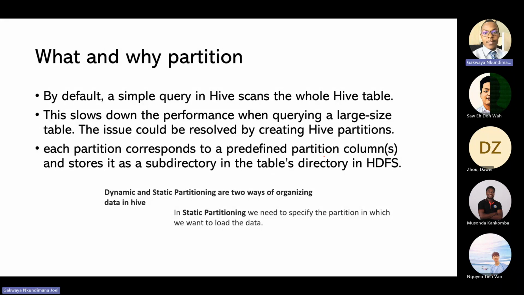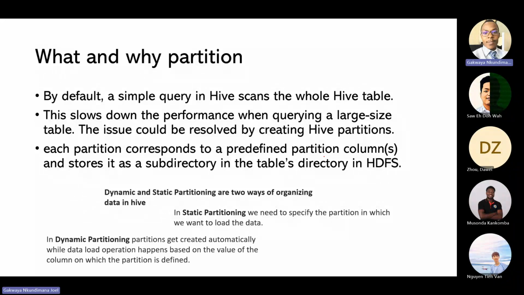That's called static partition. Second way, dynamic partition. It automatically decides which column is going to divide them, and it happens automatically when you load the data inside. So we shall focus on static and dynamic. It can be experimented either way.